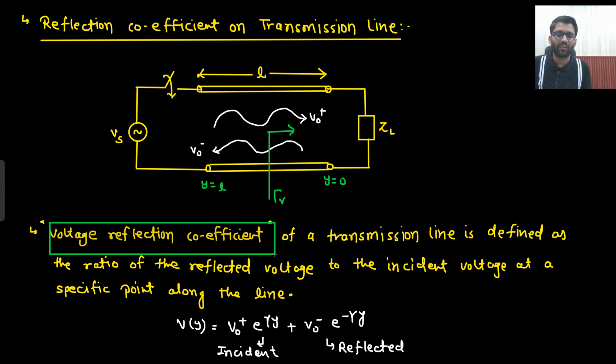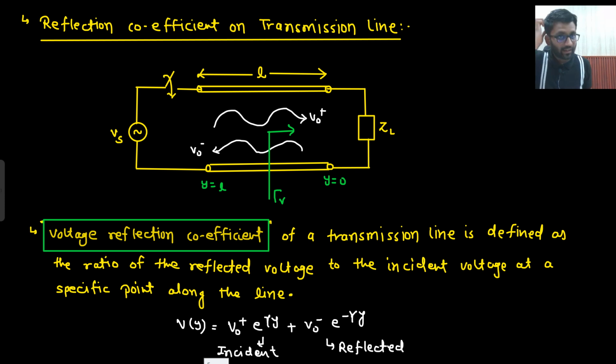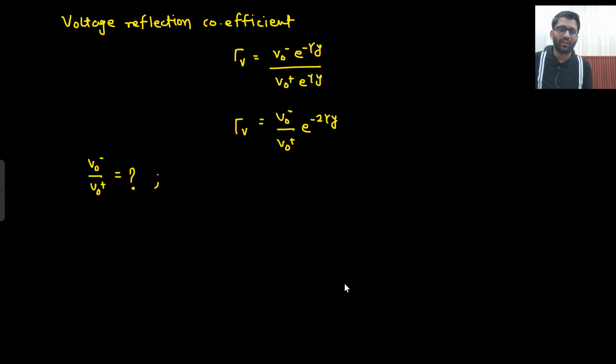So the voltage reflection coefficient at any random point on the transmission line is defined as the ratio of the reflected wave to the incident wave. V0 minus e to the power minus gamma y divided by V0 plus e to the power gamma y. And V0 minus divided by V0 plus is multiplied by e to the power minus 2 gamma y.